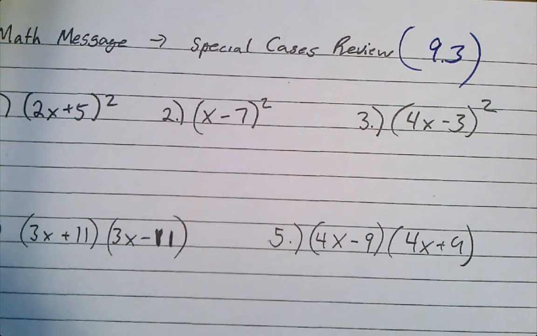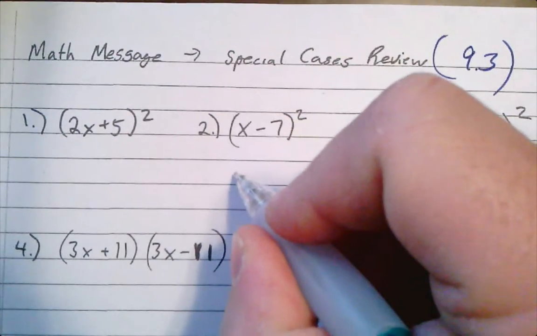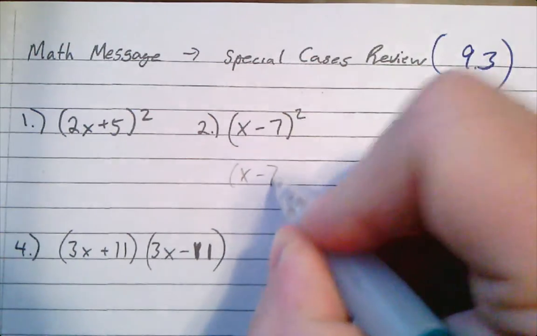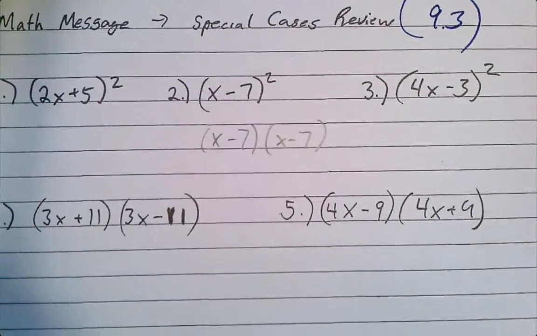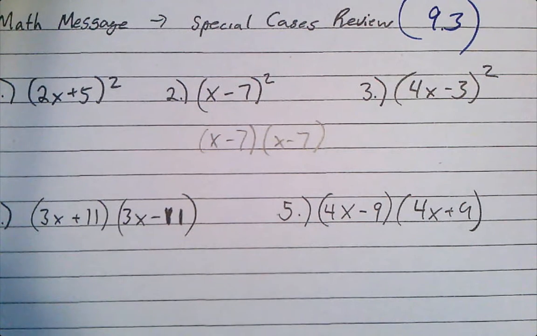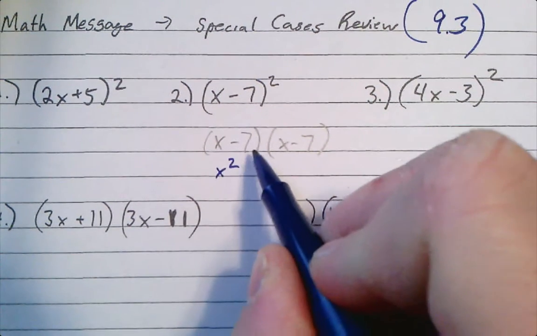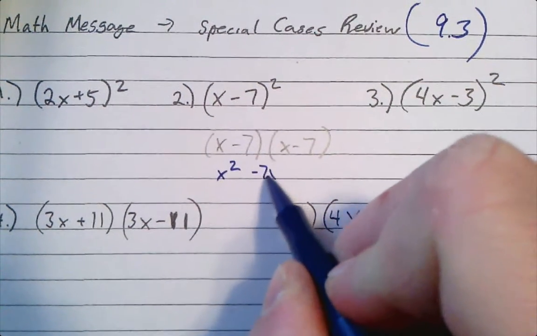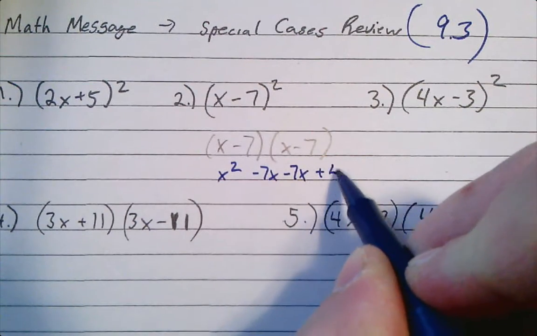So I'll do a couple of these for you, and then you can do the rest on your own. For example, number 2, if I did the full FOIL for this, I would get x squared first, outers would be negative 7x, inners would be negative 7x, and last would be positive 49.